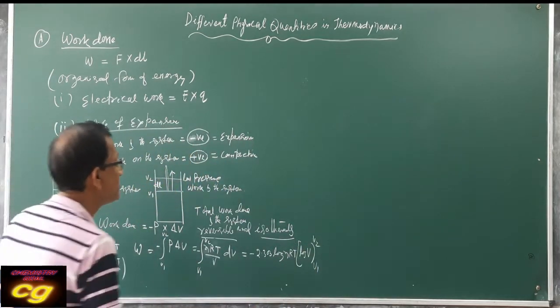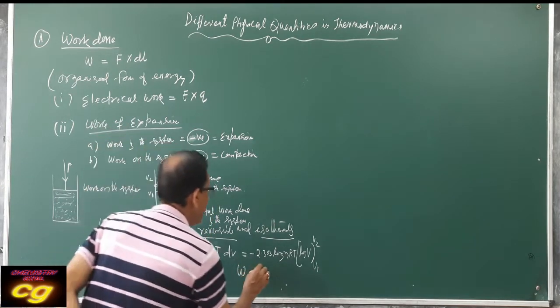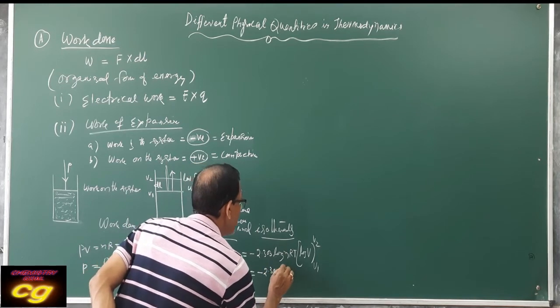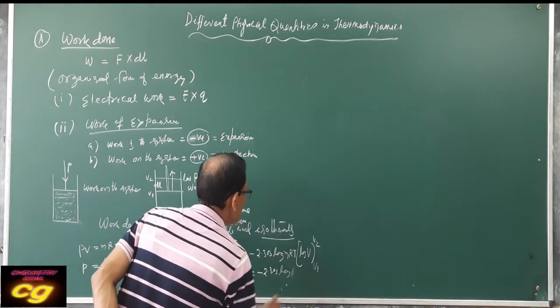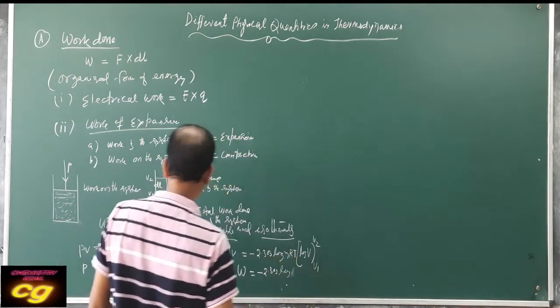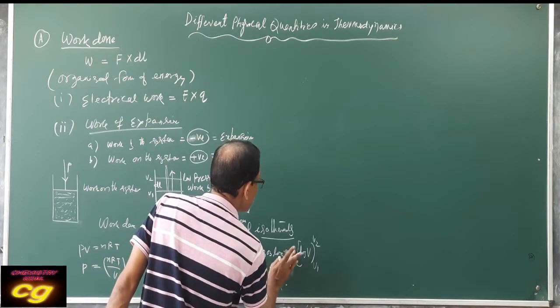Then the value of W, total work done, will be minus 2.303 log nRT. You can write here, nRT will be constant, you can bring this side.